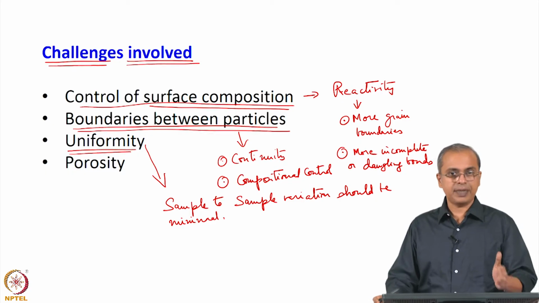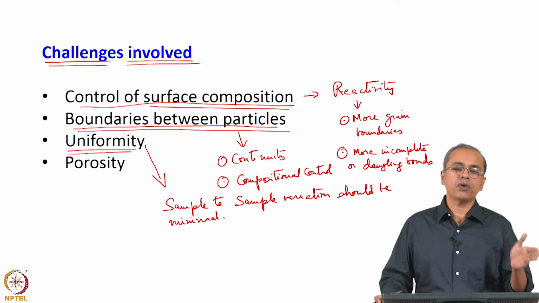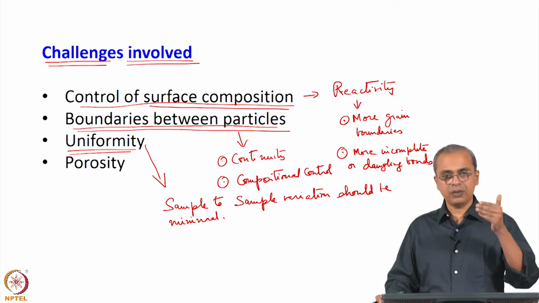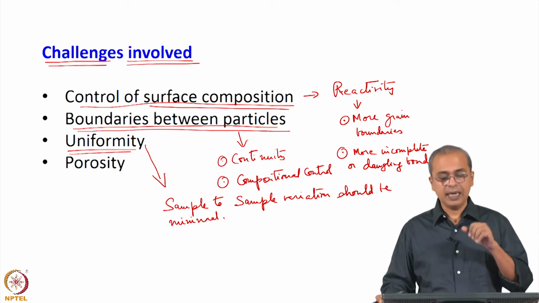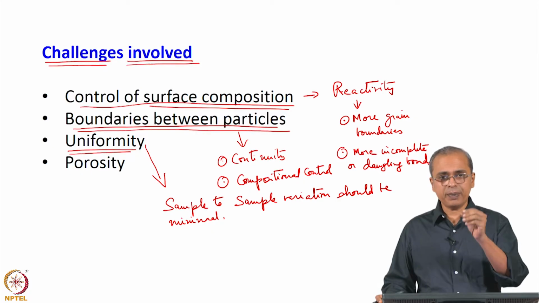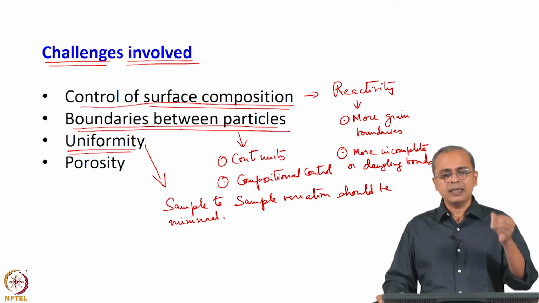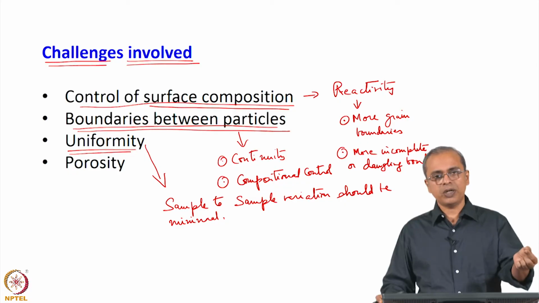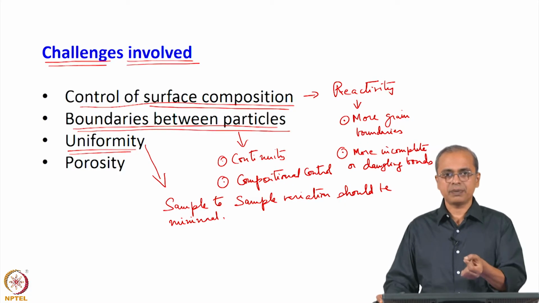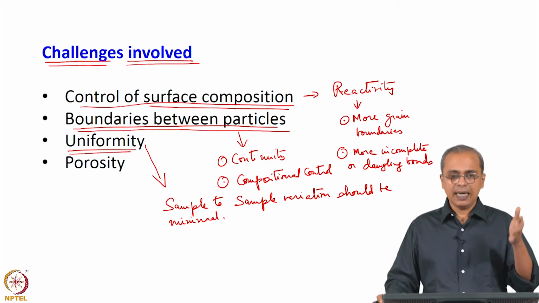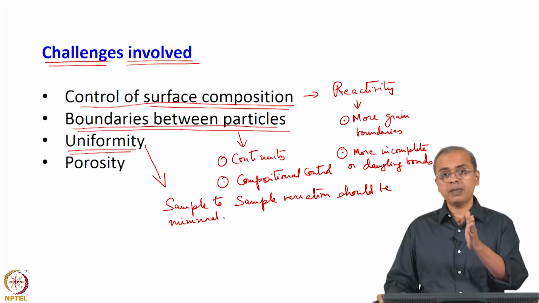So, this is a requirement. This implies a certain uniformity in that sample, that sample to sample you have that level of uniformity, and therefore, if you are making tiny quantities of a sample, there is a greater chance that this tiny quantity that you made today is slightly different from the tiny quantity you made tomorrow, and so on, and therefore, uniformity becomes a challenge.